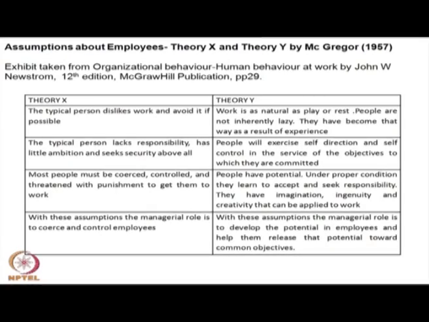The typical person lacks responsibility, has little ambition and seeks security above all. Most people must be coerced, controlled and threatened with punishment to get them to work. With these assumptions, the managerial role is to coerce and control employees.